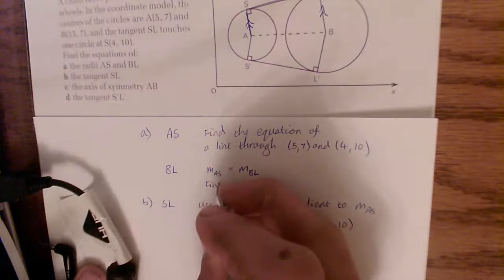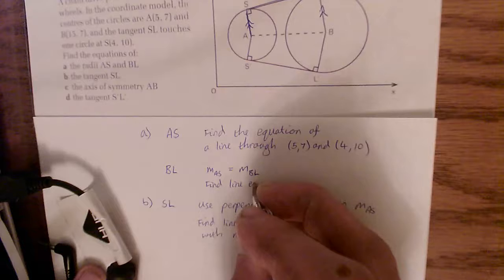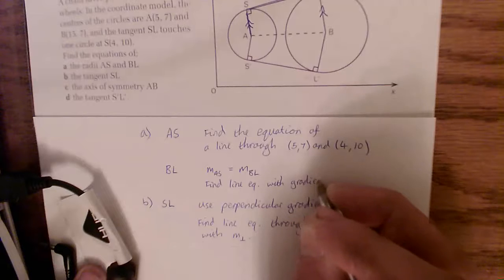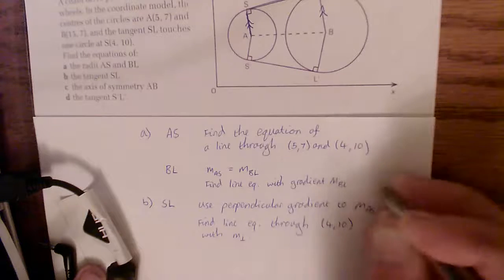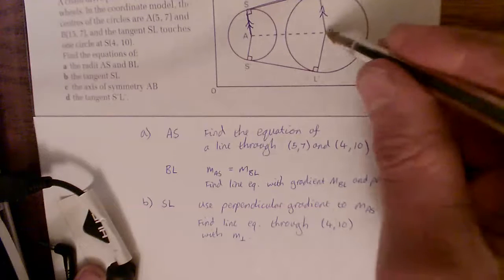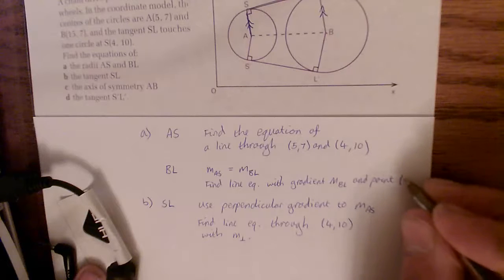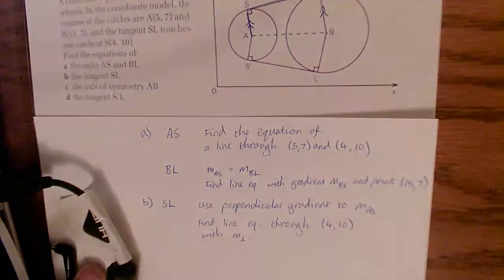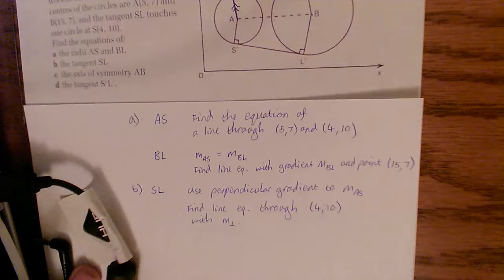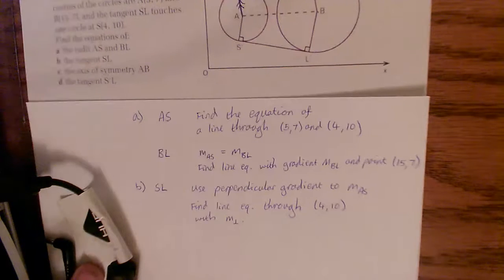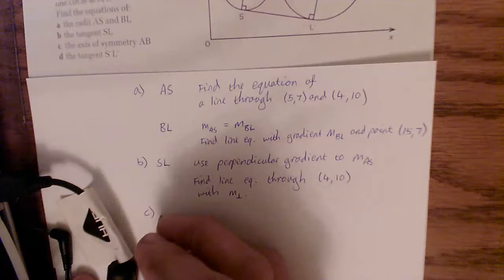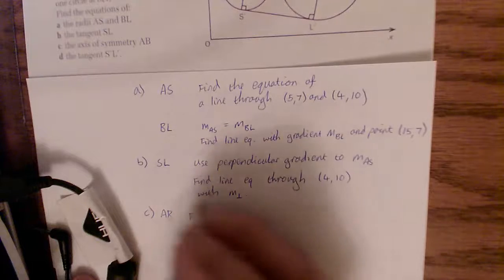So we can find a line equation with gradient m_BL and point. Well, we know it goes through the center of the circle here, which is B, so it goes through the point 15, 7. So actually, lots of thinking involved to work out what information you do have, but once you have that information, hopefully you can see how to put it all together with the skills that you have.